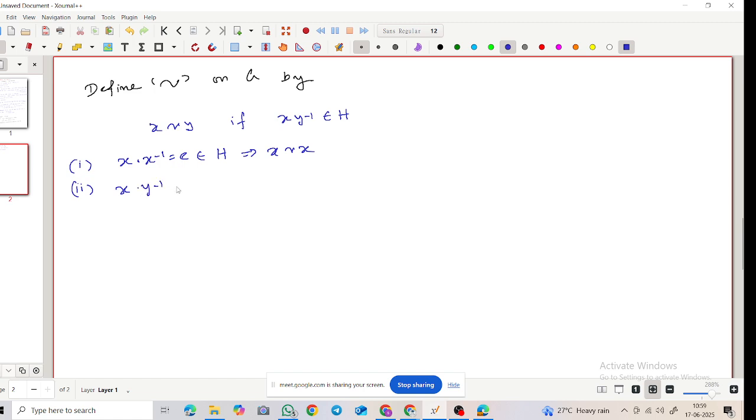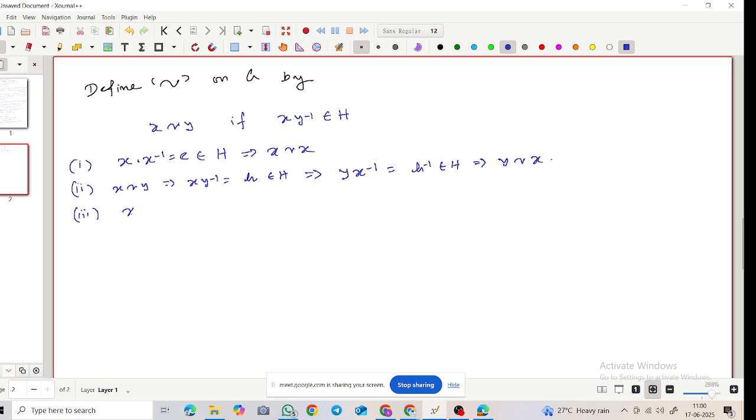If x is related to y, then x y inverse equals some h belonging to H. If you invert it, you get y x inverse equals h inverse, which is also in H. Thus y is related to x.